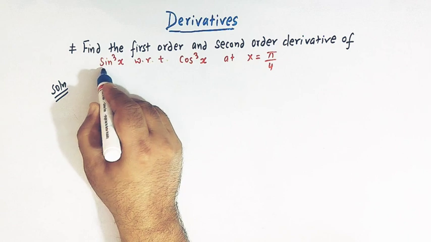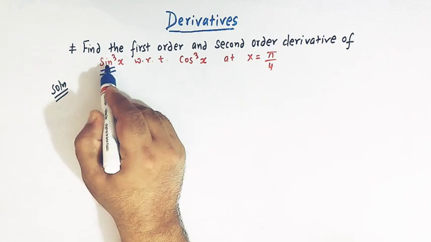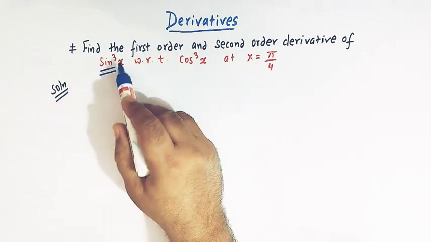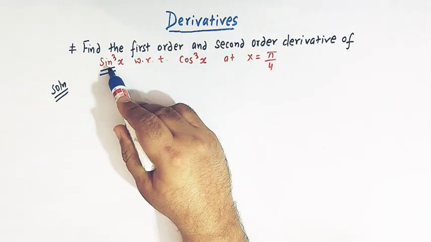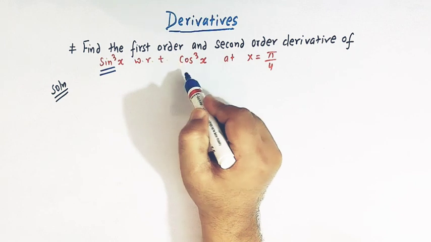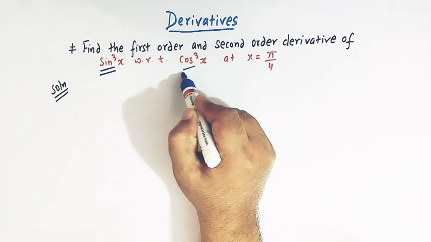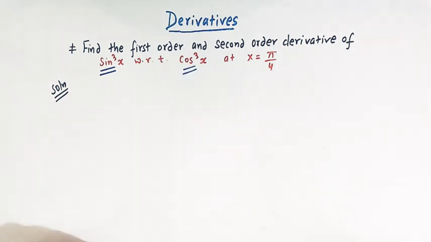Here we are given the first function as sin³x, and we have to find the first derivative and the second derivative of sin³x with respect to some other function, which is cos³x.